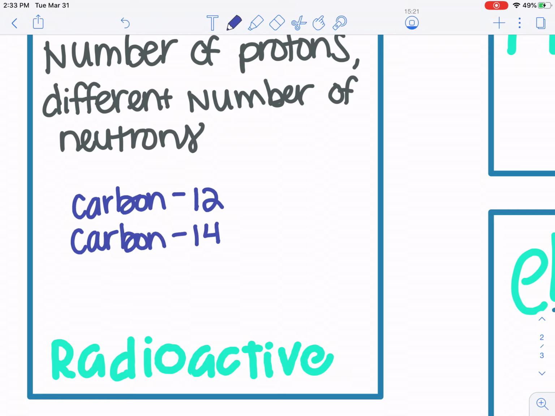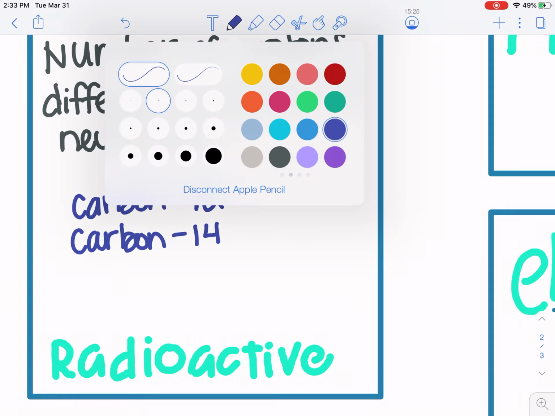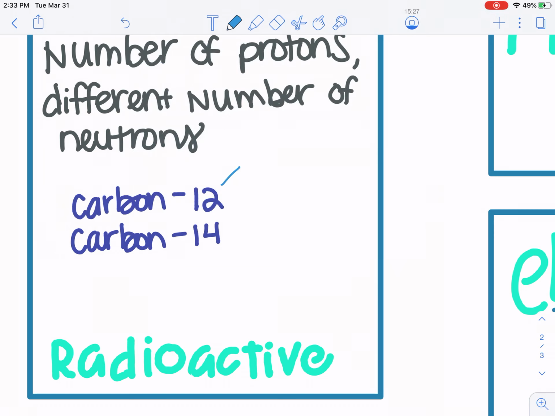They are isotopes of each other. Carbon 12, of course, has 6 protons and 6 neutrons because the atomic number is 6, therefore 12 minus 6 is 6. So 6 protons, 6 neutrons. Carbon 14, just like we did over in that example.